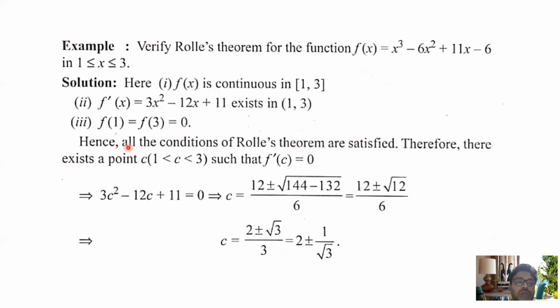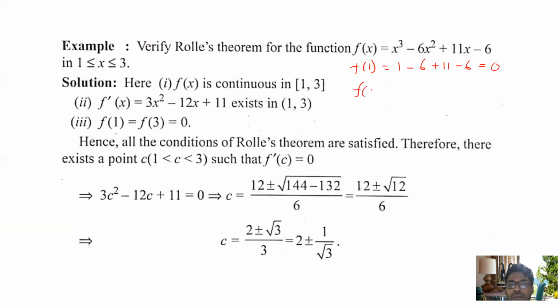In the same way, if you substitute one value, you can check. Suppose you want to check f1 is equal to 1 minus 6 plus 11 minus 6, which is how much? 0.